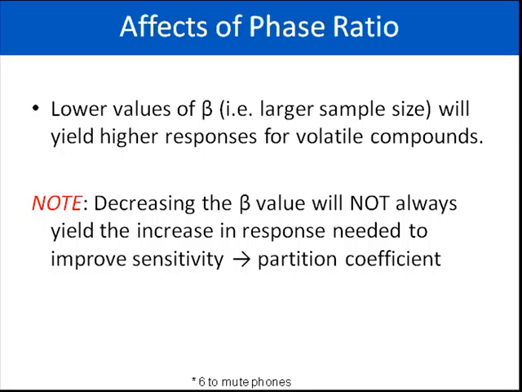So let's take a look at partition coefficients. Remember earlier I said that phase ratio and partition coefficients usually work in combination together to help increase sensitivity. So we need to have an understanding of how partition coefficients work in the sample matrix.